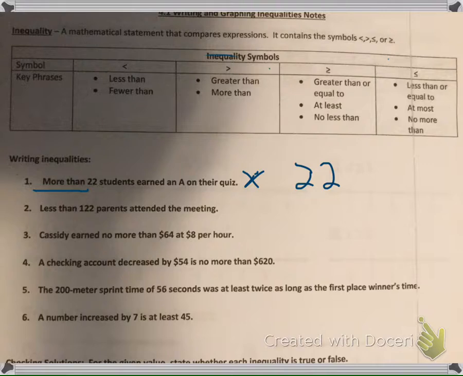Another word for more than would be greater than. So this number has to be greater than 22. So here we have X is greater than 22 would be the inequality for that.